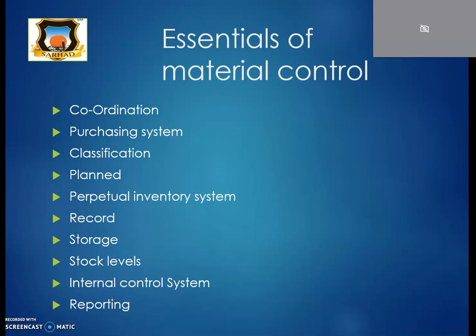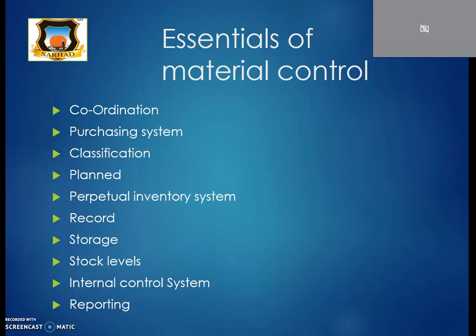The various stock levels like minimum, maximum and average levels should be fixed for each item of material. Purchase of material should be controlled through budgets. All materials should be purchased, but as a pre-planned purchase, properly identified and recorded in the organization's budget system.